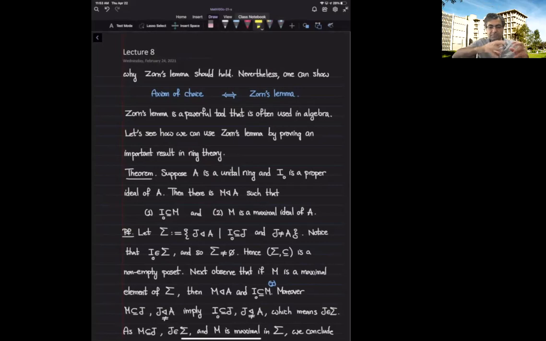So that means that whenever I give you a chain and I want to look at the chain and find an upper bound for the chain, we often take the union of this chain and then ask ourselves whether or not this union has the same algebraic properties. Now, to check that, we have to work with certain algebraic operations.